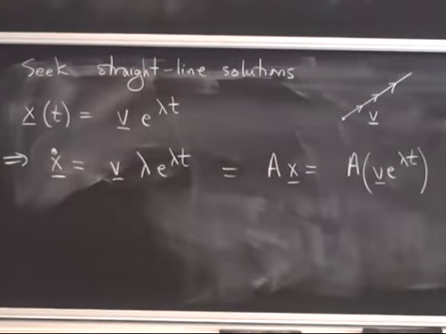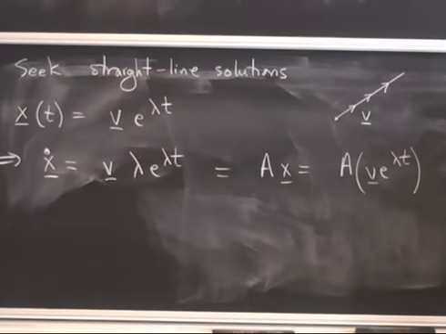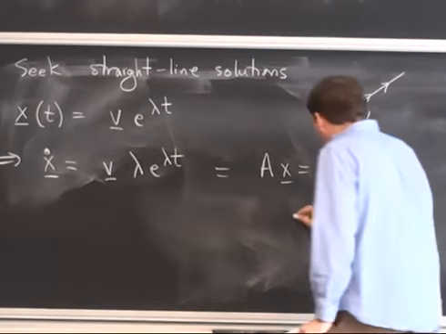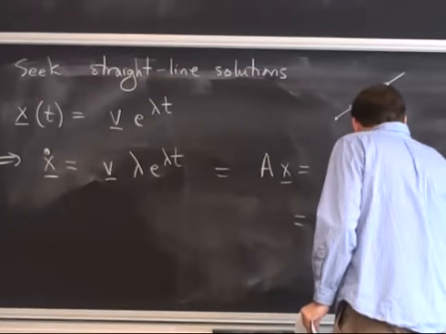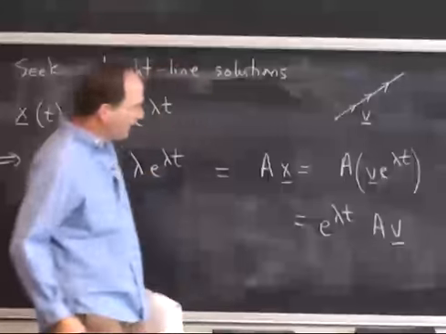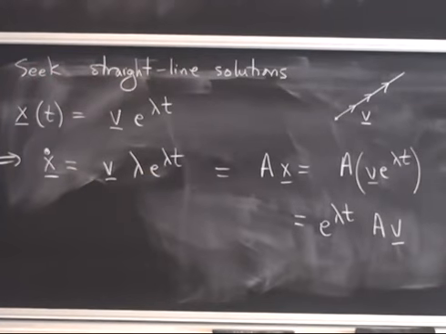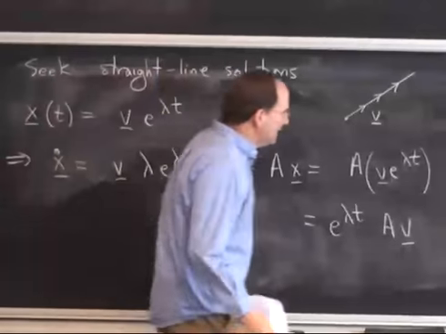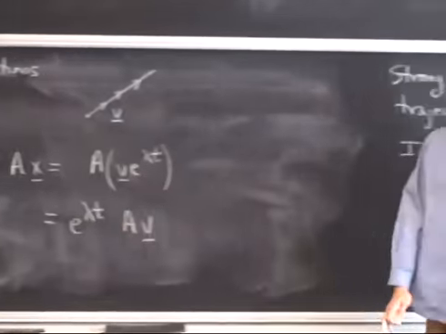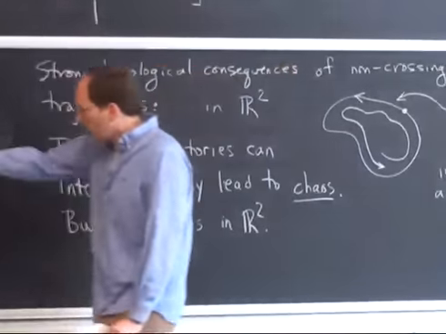Since A is a linear operator, that is, it's represented by this matrix A, then when I take A of this scalar, e to the lambda t, times the vector v, the e to the lambda t comes outside, and it's e to the lambda t A v by linearity. What's nice about this is now you can see that this has an e to the lambda t, that has an e to the lambda t. And so solutions of this type will exist if A v equals lambda v.